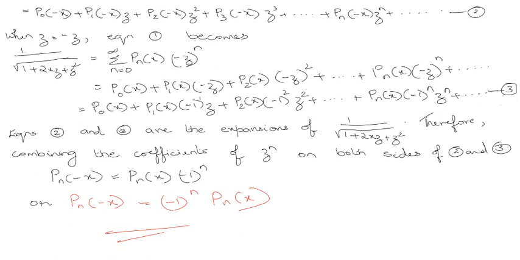Now we can see that the LHS of equation number 2 and equation number 3 are the same. So we can equate the coefficient of z raised to n on the RHS. Comparing the coefficient of z raised to n on both sides of equations 2 and 3, the coefficient of z raised to n here is Pn(x) into (minus 1) raised to n, and the coefficient of z raised to n in the other equation is Pn(minus x).